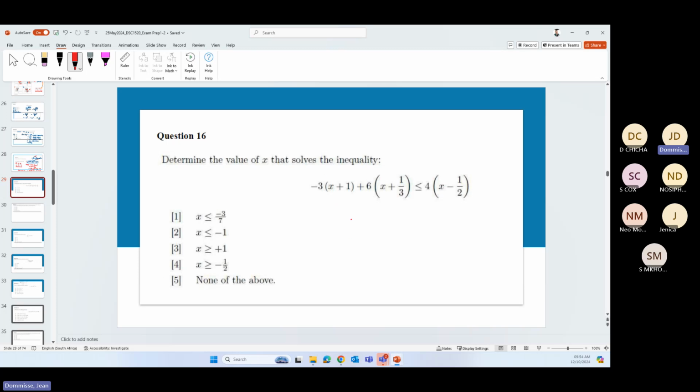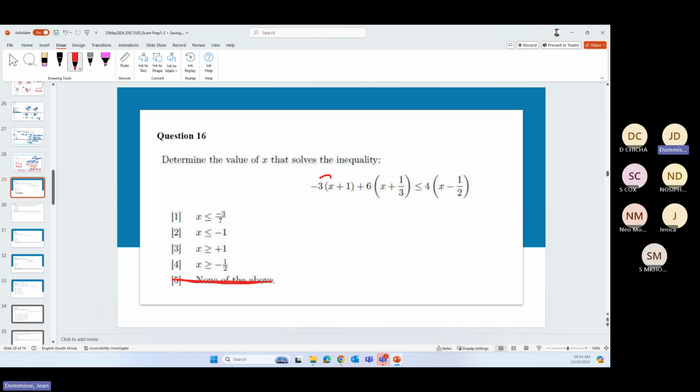So let's work this out. Again, we will get to a number that says x is equal to. So we will need to calculate all of these terms, and then bring all your x's to the left-hand side, all your normal numbers to the right-hand side, and see what we get.